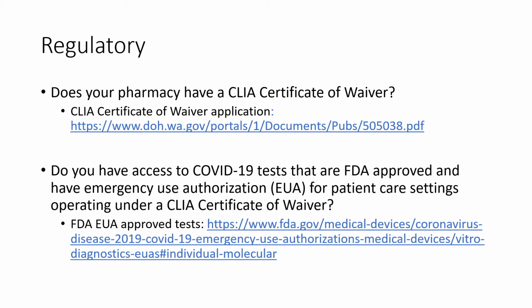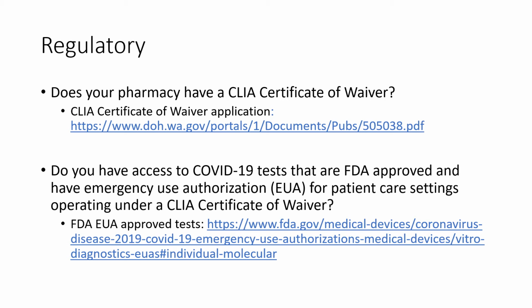Under CLIA, a laboratory is defined as a facility that performs applicable testing on materials derived from the human body for the purpose of providing information for the diagnosis, prevention, or treatment of any disease or impairment of or assessment of the health of human beings. This includes pharmacies providing testing. CLIA also defines CLIA-waived tests as simple laboratory examinations and procedures that have an insignificant risk of erroneous result.